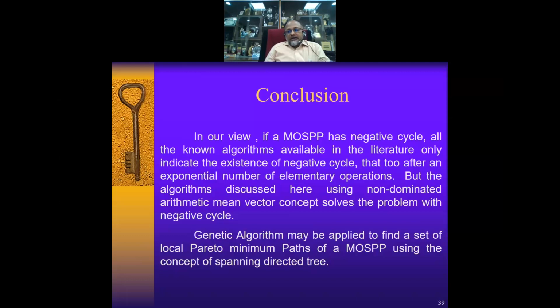Similarly, a genetic algorithm may be applied to find a set of local Pareto minimum paths of a MOSPP using the concept of spanning directed tree. There are many more algorithms, and there is a non-mathematical algorithm called ant colony optimization. Many such algorithms are available. Plenty of literature is available.